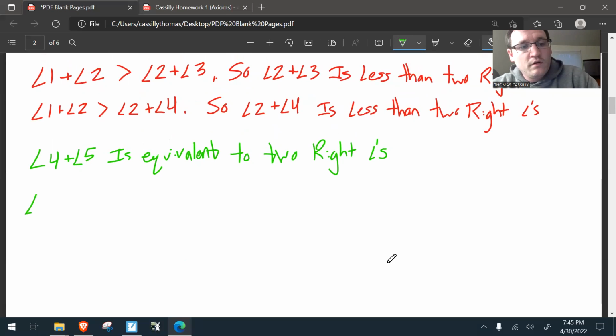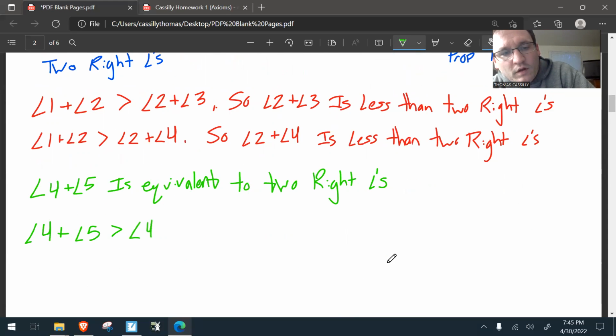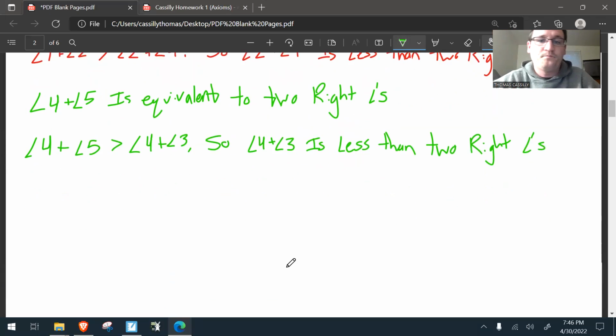Angle 4 plus angle 5 must be greater than angle 4 plus angle 3, so angle 4 plus angle 3 is also less than two right angles, which is what we were trying to show.